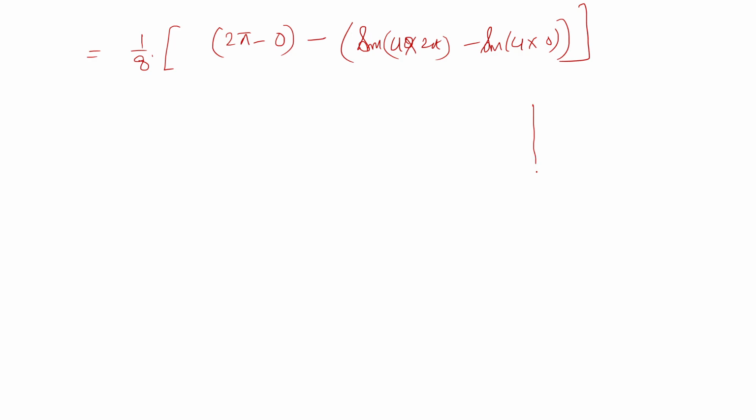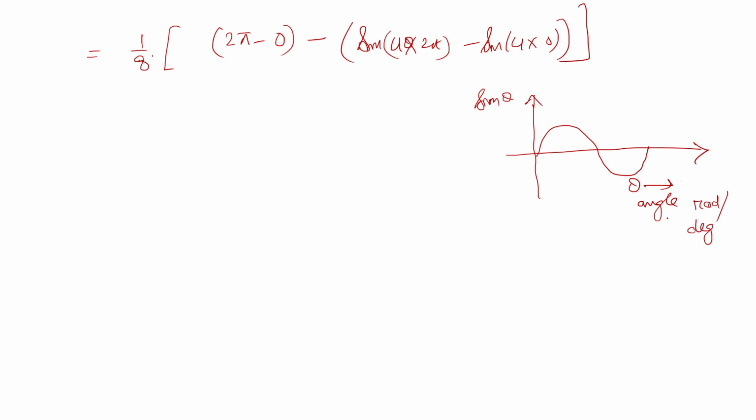So we know our sin graph, this way, right? Let us say this is sin theta, theta being in radian angle, right? So this will be in radian and degree.